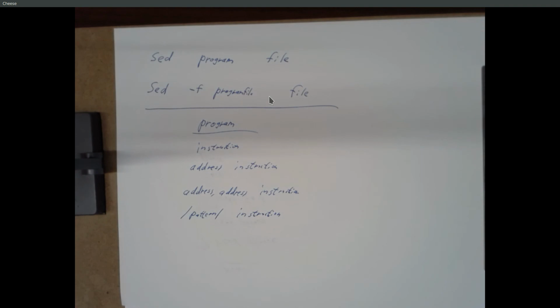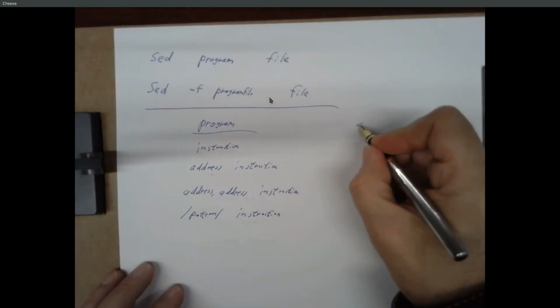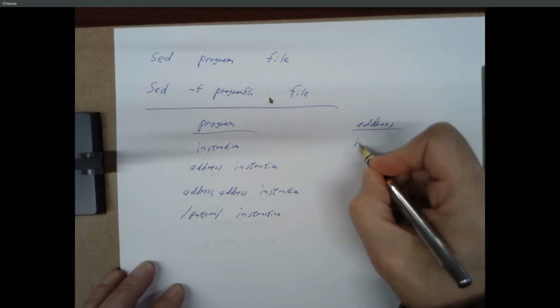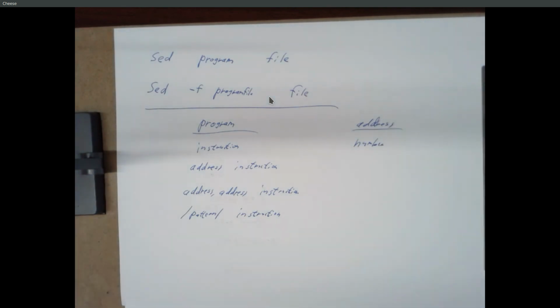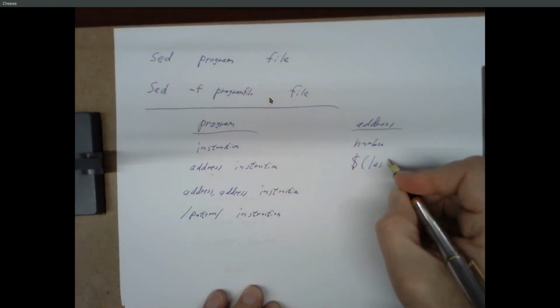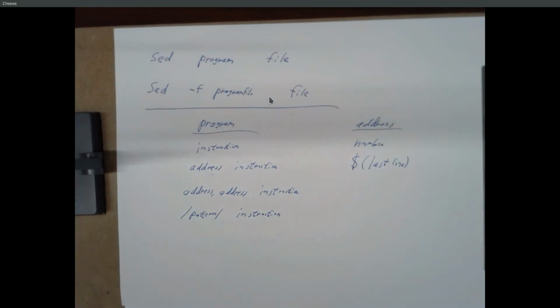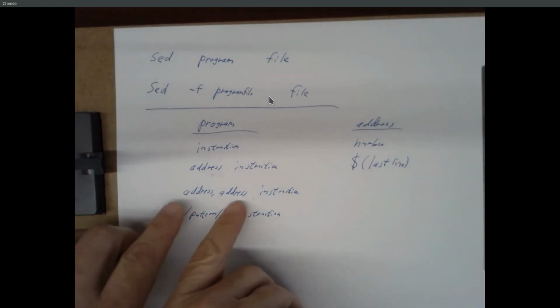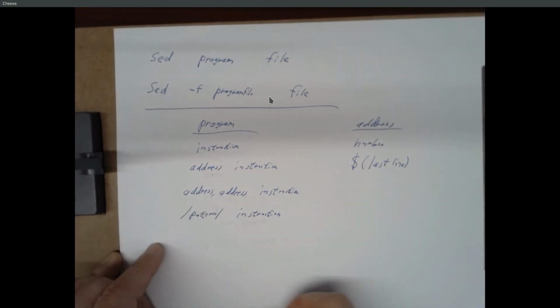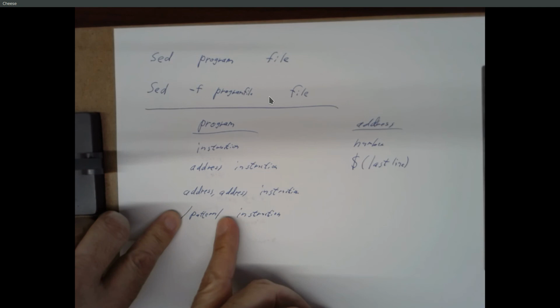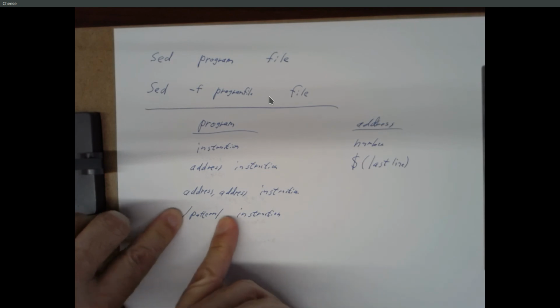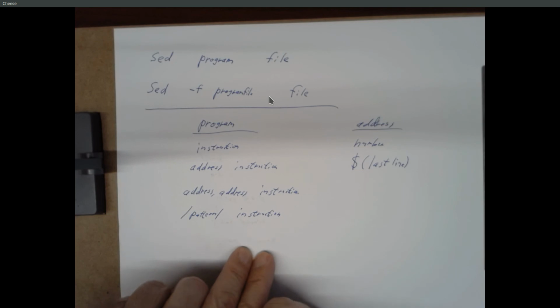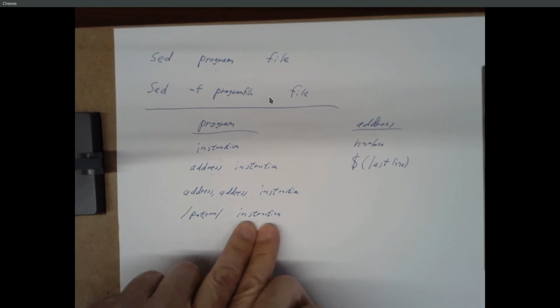So it can be just a plain instruction, like substitute slash this with that. Or it can be an instruction preceded by an address, and your address can be a number. So it could be line 2. Or it could be a $, which means last line. Or it could be a range of addresses, starting line number, ending line number, with a comma in between. Or it could be a regular expression in between two slashes, which means if this regular expression is found somewhere in the current line, then do whatever the instruction says.